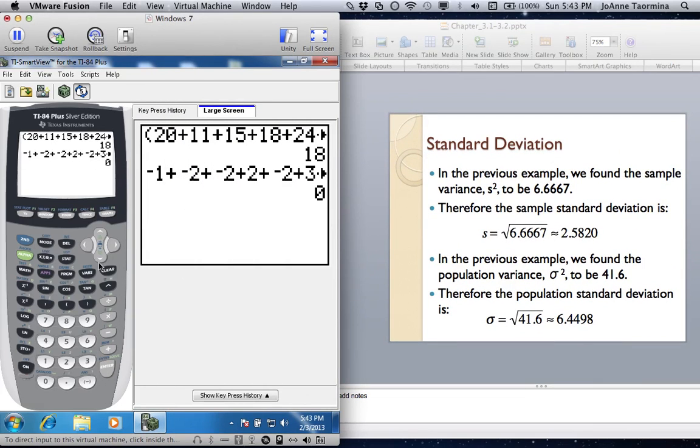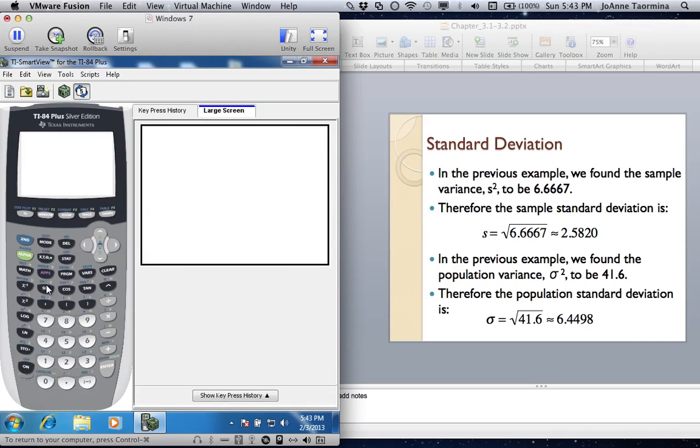Here's how we use our square root key on this calculator. Square root is in blue above the x squared key, which means you have to use your second key to access it. Second, square root, and then underneath that square root, you type 6.6667. There's your sample variance, but when you hit enter, you will get your sample standard deviation. 2.58199.